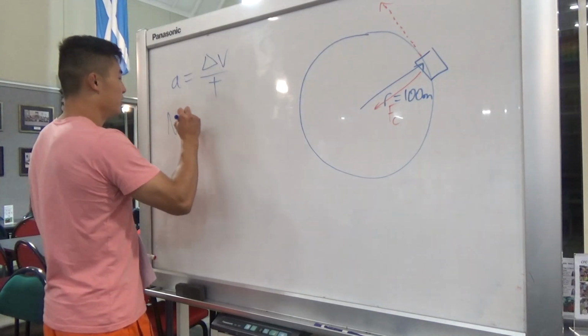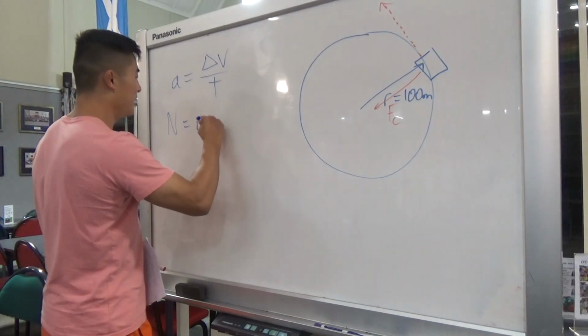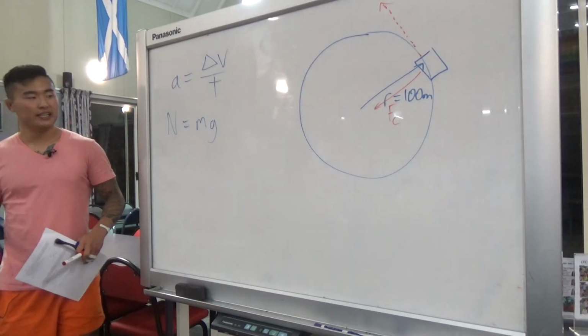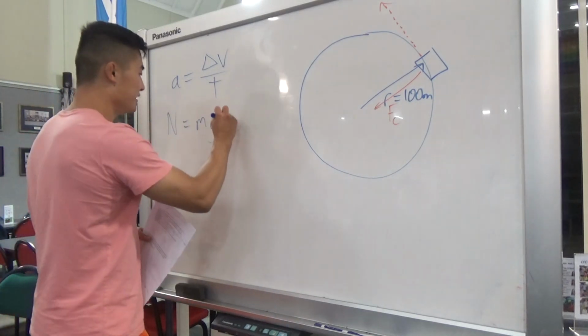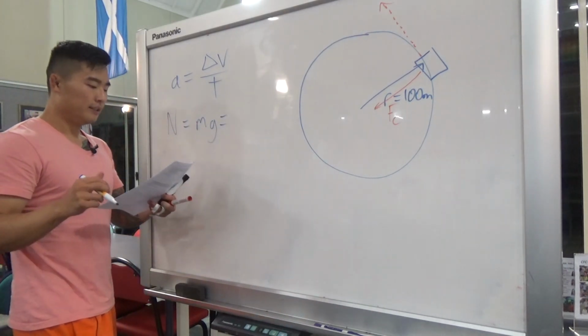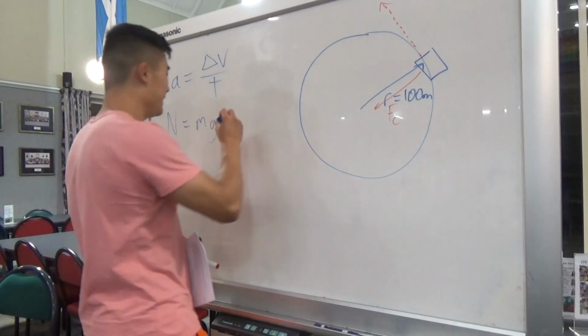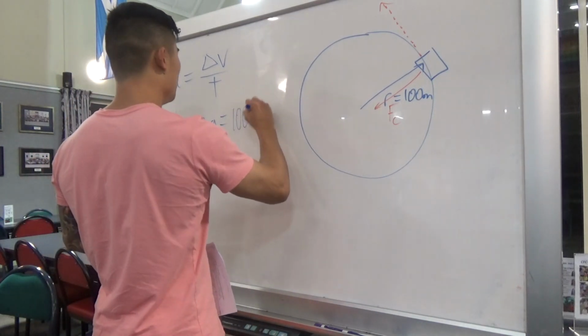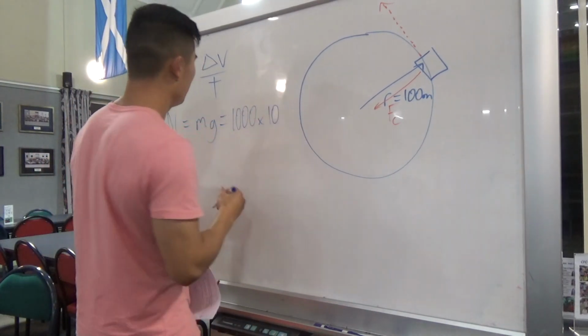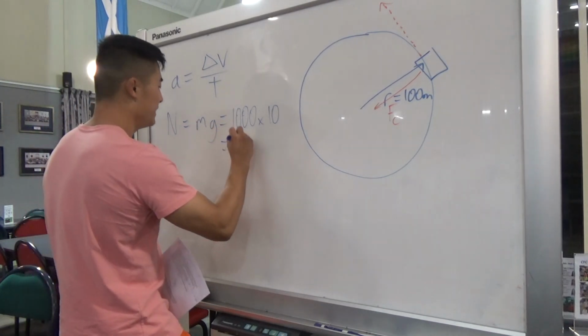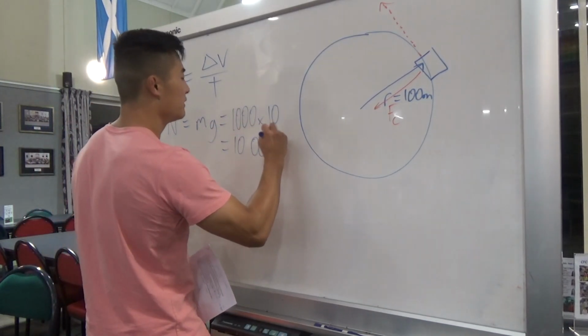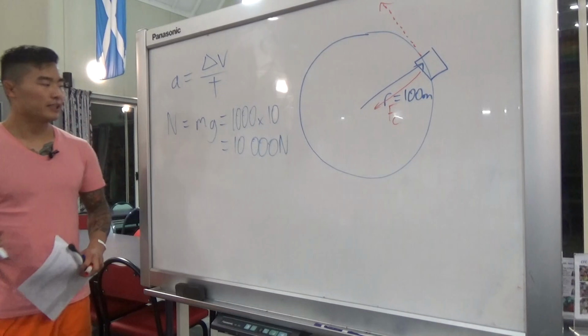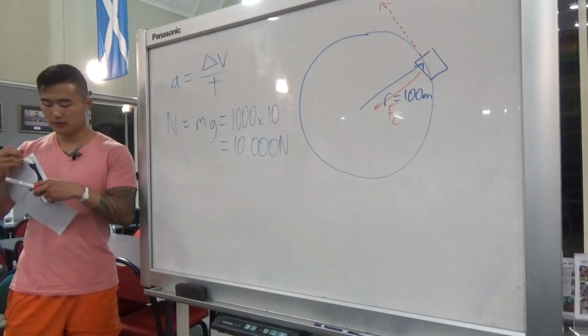So the normal force is just mass times gravity. We know that the mass of the load is 1,000 kg, so 1,000 times 10 for gravity. That's going to be 10,000 newtons, right? So option B is true as well.